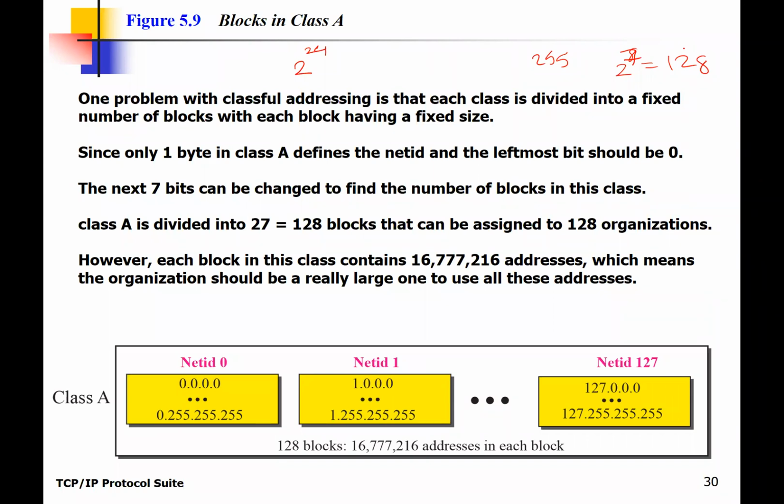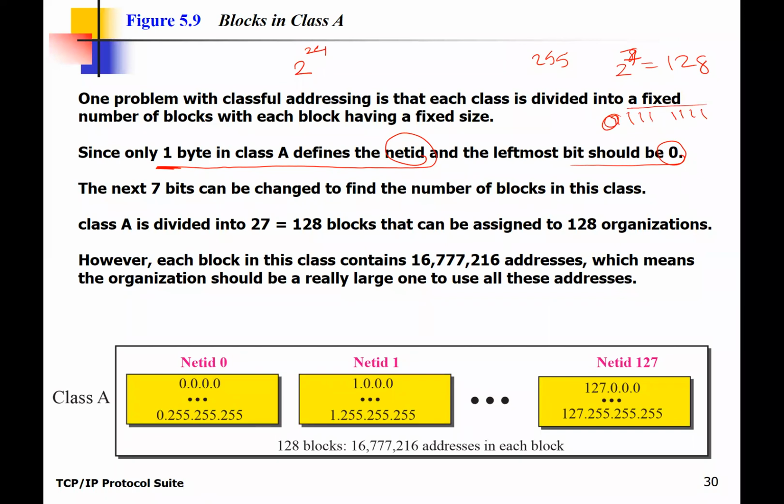So what does that mean? Since the first byte in class A defines the network ID, the first byte defines the network ID, and the leftmost bit should always be 0. Clear? So I have 8 bits. However, the first one is always 0. This one I cannot change.